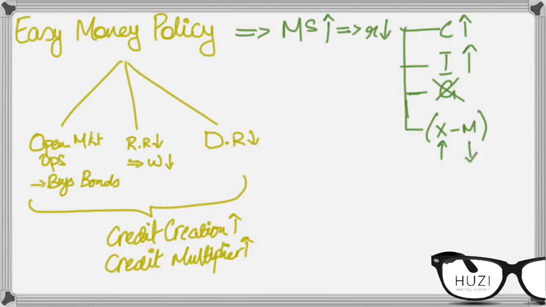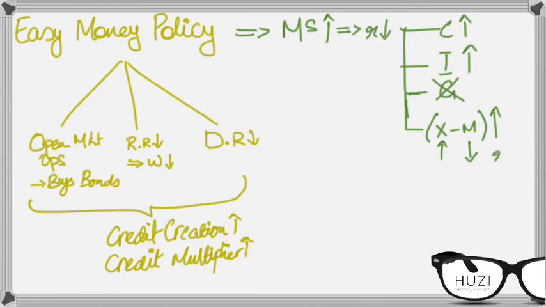And imports will fall as well because local goods are cheaper, so local consumers will prefer local goods as compared to imported goods. So net exports rise as well.